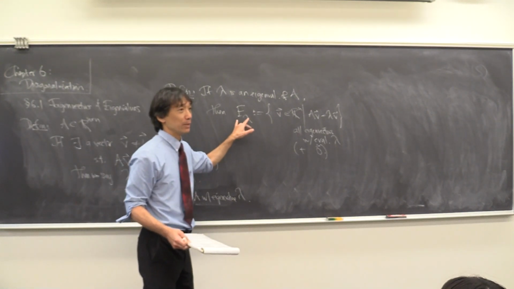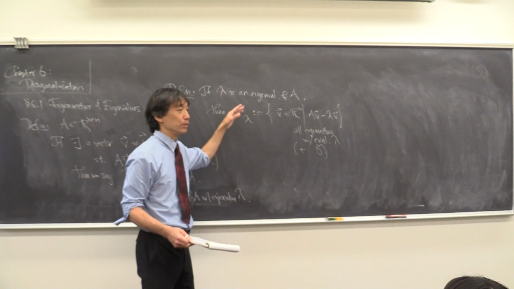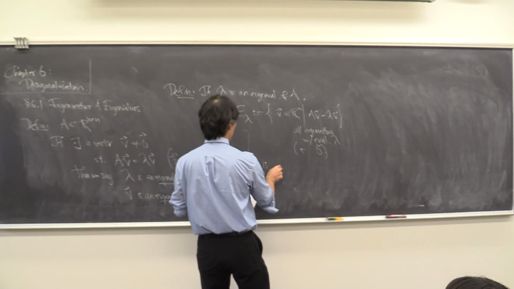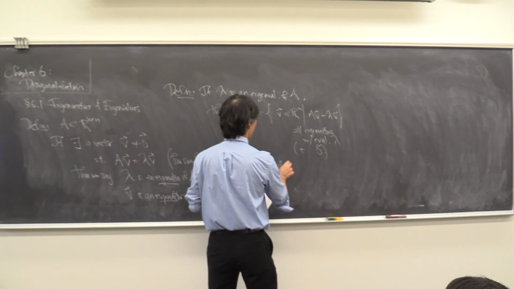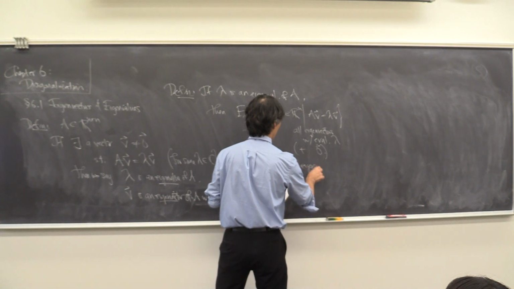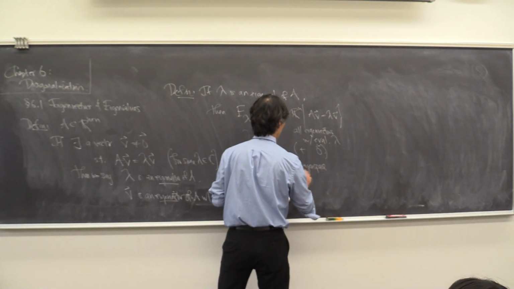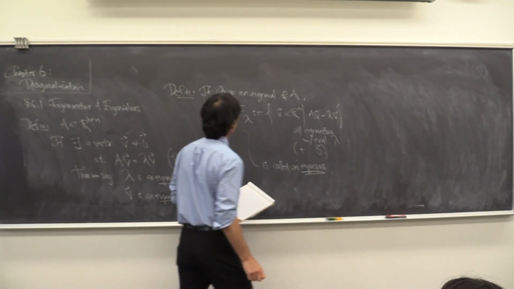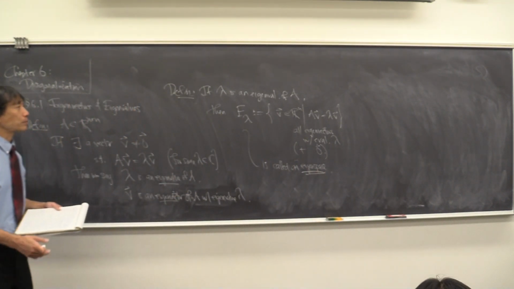But in this space, we do throw in 0. And this thing is called the eigenspace.